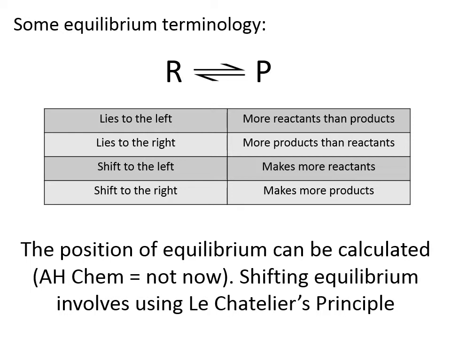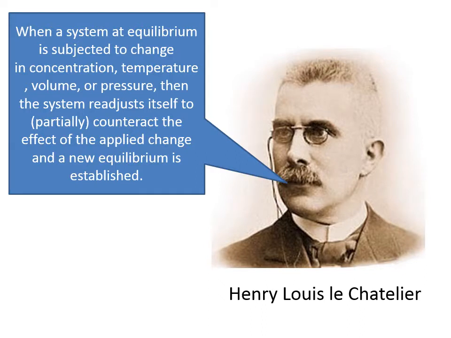We're just going to look at how shifting the equilibrium happens based on Le Chatelier's principle. So here he is, Henry. He said, when a system at equilibrium is subjected to change in concentration, temperature, volume or pressure, the system readjusts itself partially to counteract the effect of the applied change, and a new equilibrium is established.